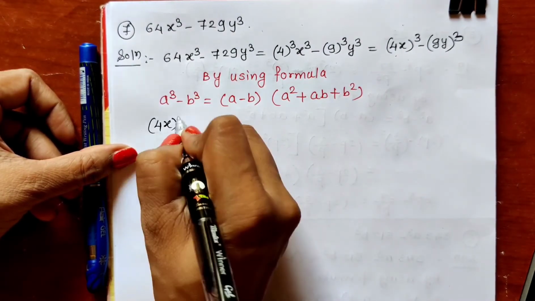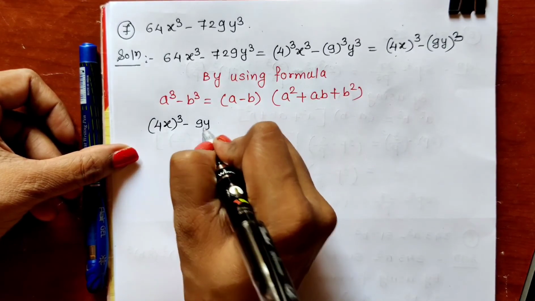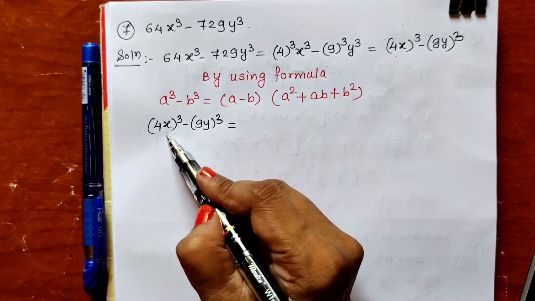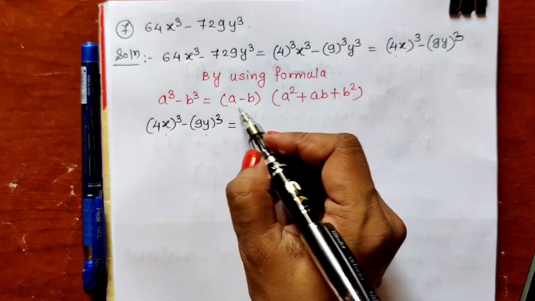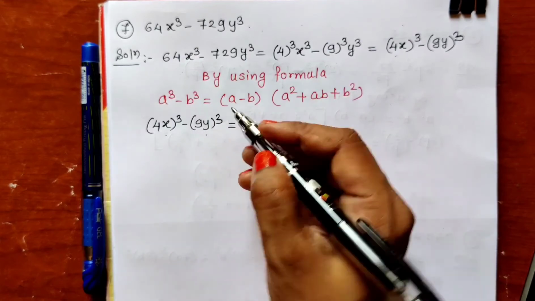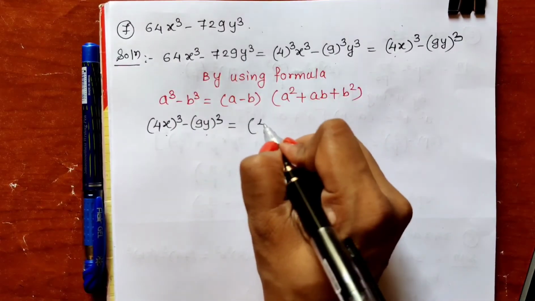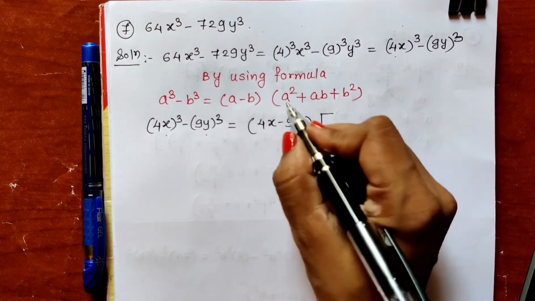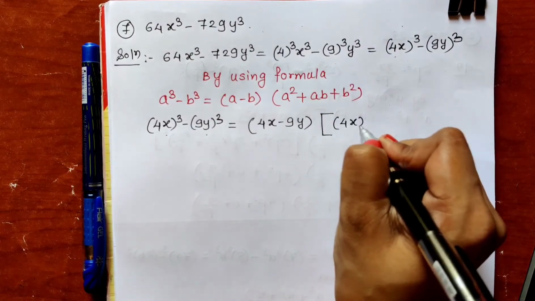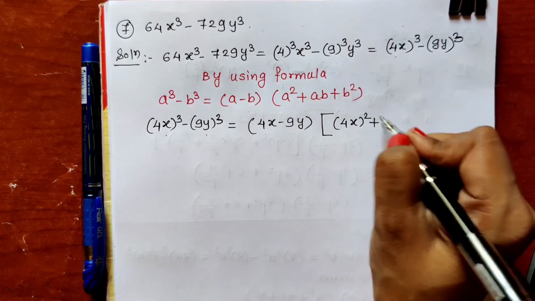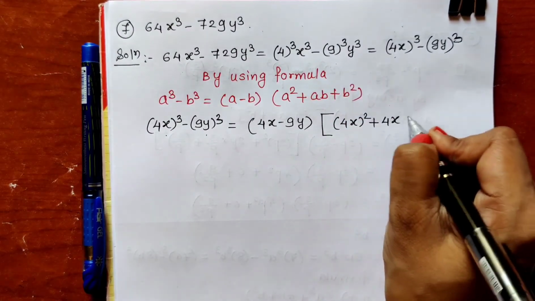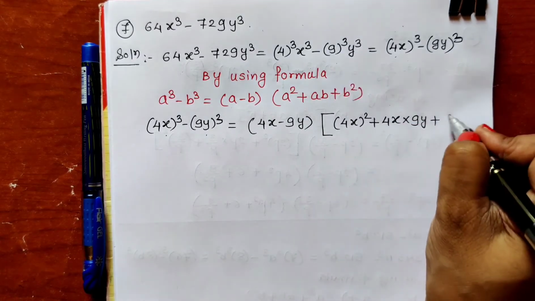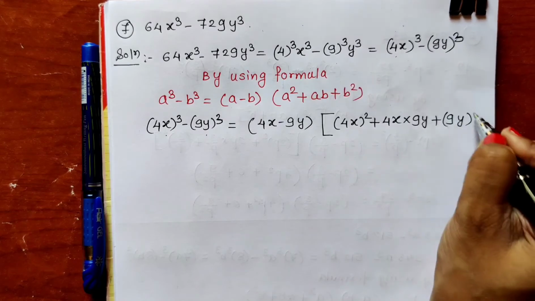Expression is 4x whole cube minus 9y whole cube. So our a is 4x, b is 9y. So in place of a we will be writing 4x, in place of b we will be writing 9y. It is 4x minus 9y in first bracket. Second bracket, a square means 4x whole square plus a into b means 4x multiplied by 9y plus b square means 9y whole square.